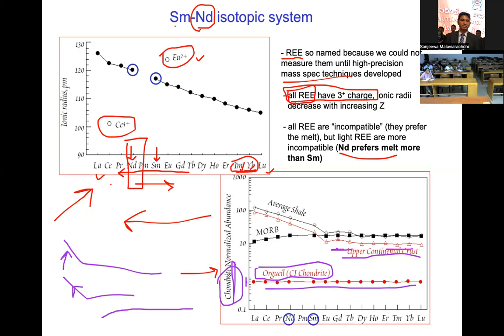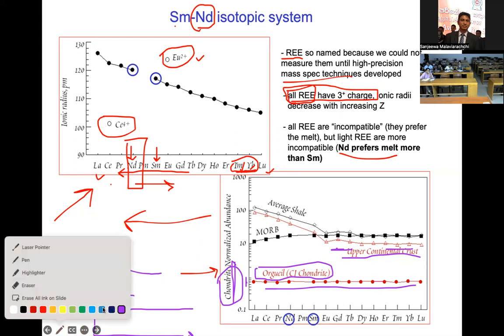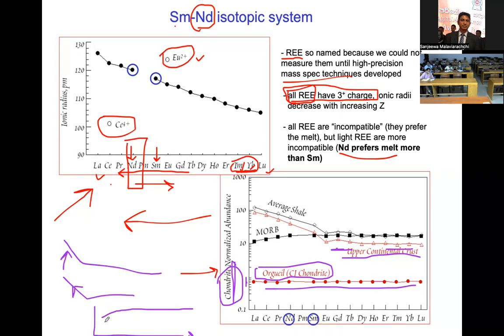But this is basalt, mid-ocean ridge basalt. It is again melt, but if you compare the MORB composition with the depleted mantle, you will see the pattern is identical with the depleted mantle pattern, but the relative composition will be lower. Abundance will be lower because it is a residue.